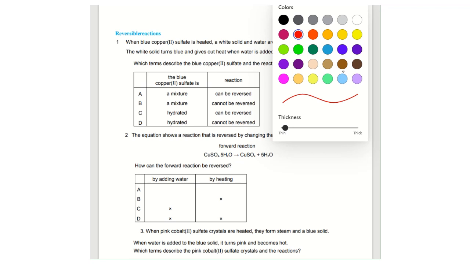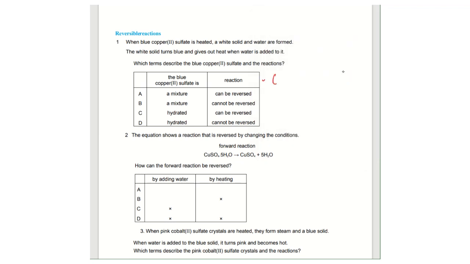Let's say this is hydrated copper sulfate. This is blue in color and this is anhydrous copper sulfate. This is white in color. Heating hydrated copper sulfate is an endothermic process, and adding water to anhydrous copper sulfate is definitely an exothermic process.